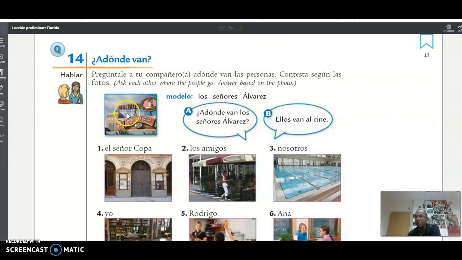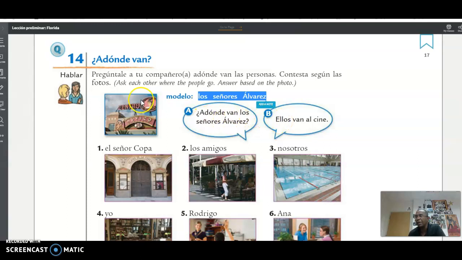So this is the Centro Movico, which was a cine in Ybor City. Okay. So they give you the subject right here, Los Señores Álvarez. So you're going to ask, ¿a dónde van? ¿A dónde van los señores Álvarez?